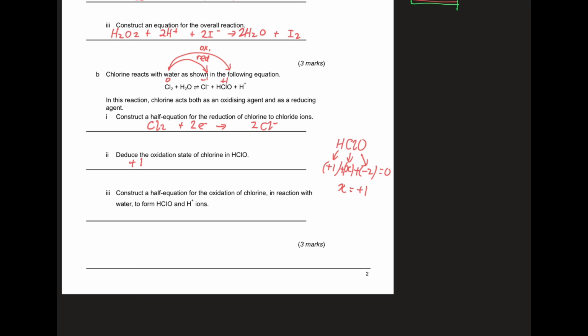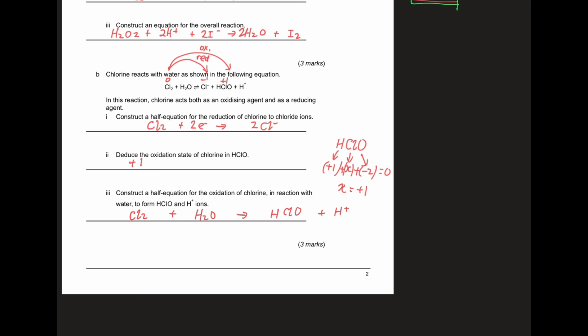And then part 3, construct a half equation for the oxidation of chlorine in reaction with water to form HClO and H plus ions. Okay, so the oxidation of chlorine. Chlorine is Cl2, in reaction with water, so H2O, to form HClO and H plus ion.